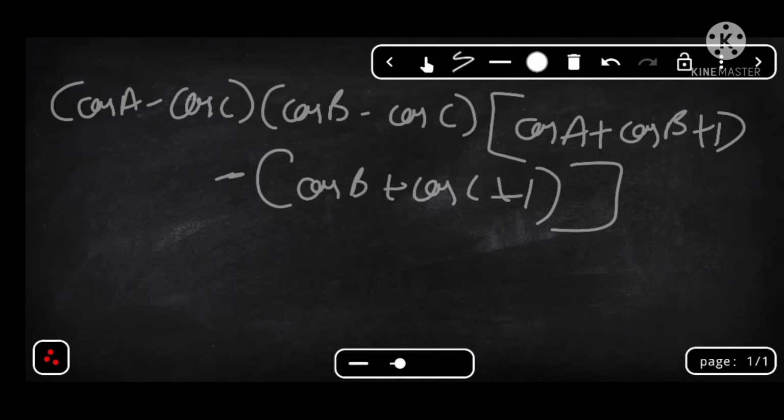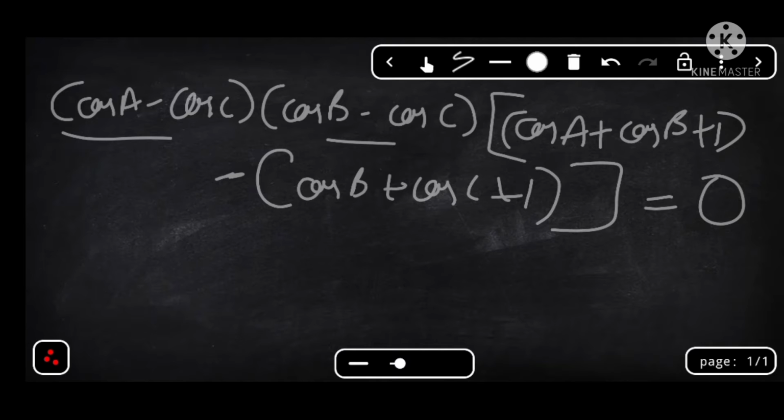If we take the determinant, we have 2 common terms outside. Along with that, we have cos A plus cos C plus 1 minus cos B plus cos C plus 1. So when we solve this, that is equal to 0.